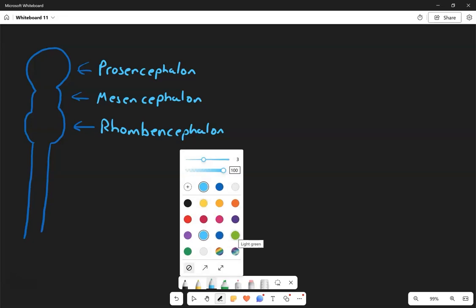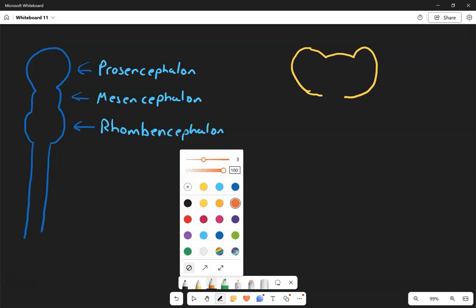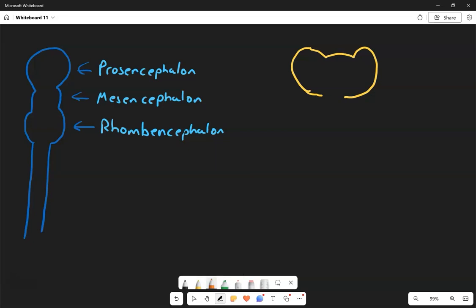So what we're going to end up having is, let's go with yellow here, you're going to get sort of an enlargement that looks like this. And we'll go with orange, where we have sort of an enlargement like this that sort of pockets out, comes down this way, like so.